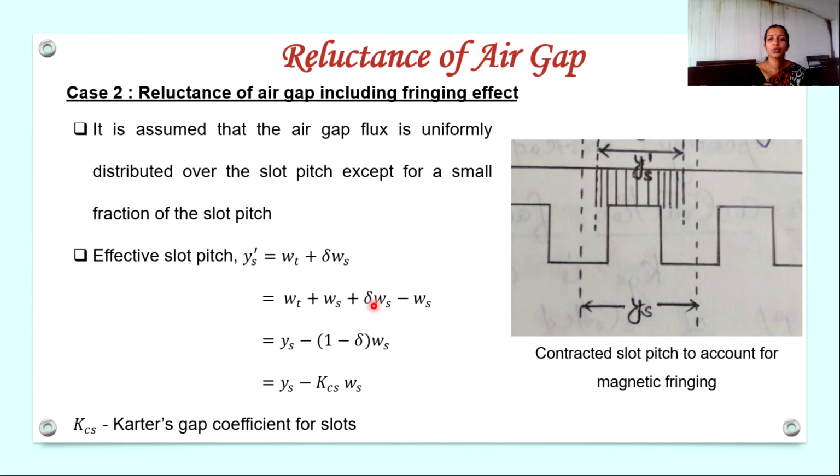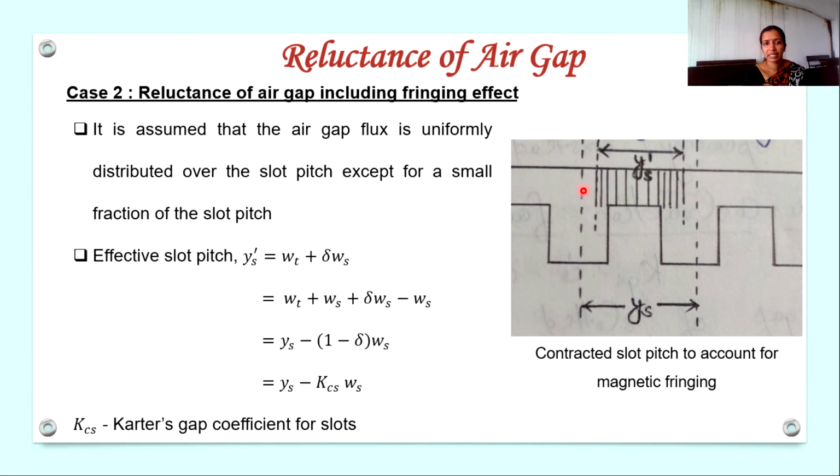So what we are doing is, we will assume that the flux is uniformly distributed in the air gap except for a small fraction of the slot width.